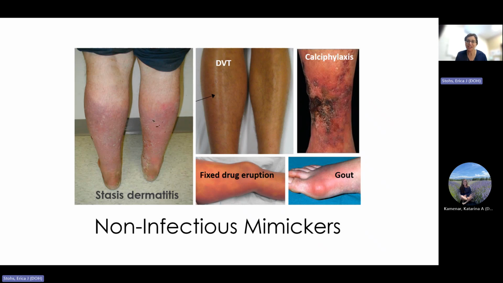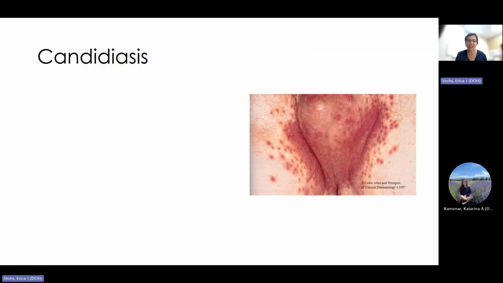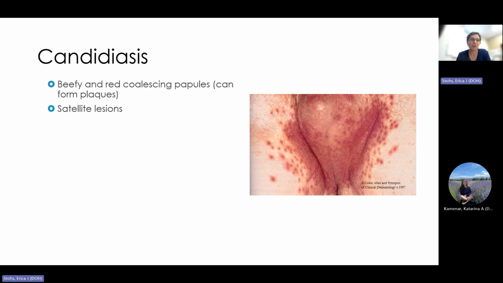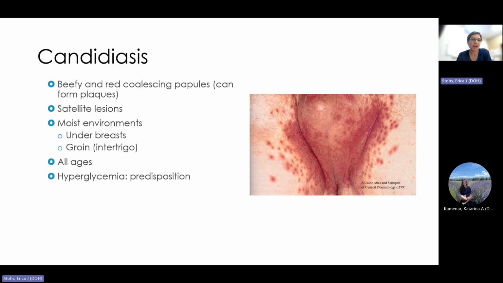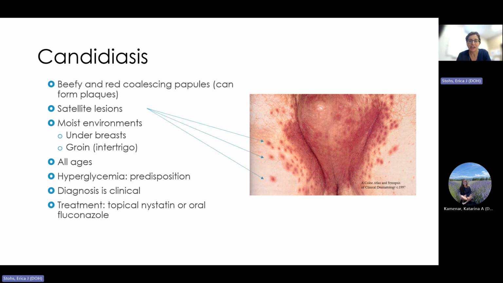Okay, and then we don't have a ton of time, but I wanted to acknowledge candidiasis. This is a yeast, and this causes beefy red coalescing papules, and they can form plaques and then white kind of chalky areas, and it's common in the skin folds. Candida is notorious for satellite lesions, and that's where you see the central erythema under the skin fold, and then you see these little red spots that are migrating out.